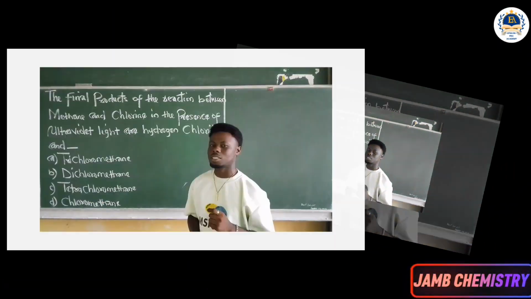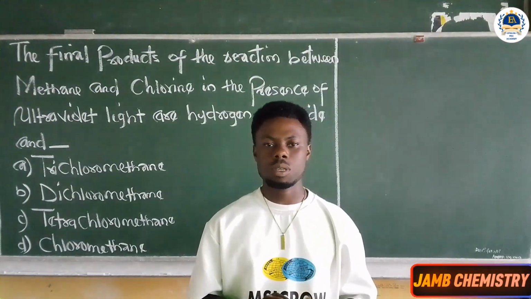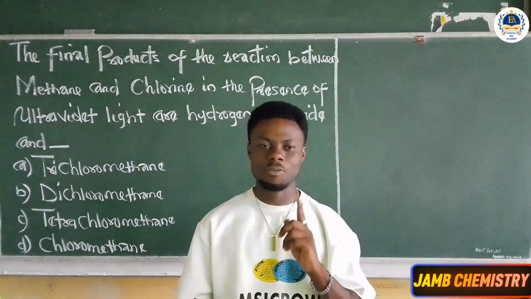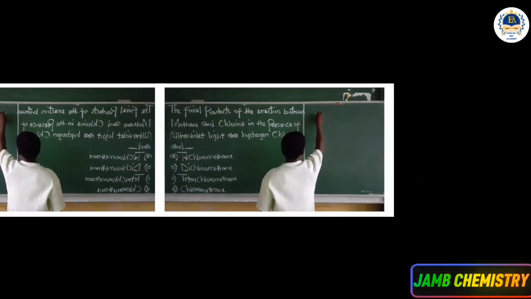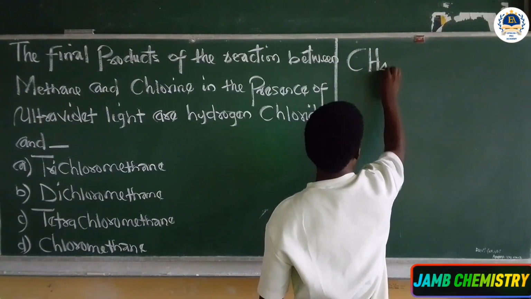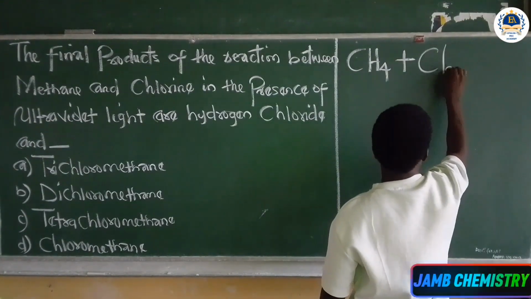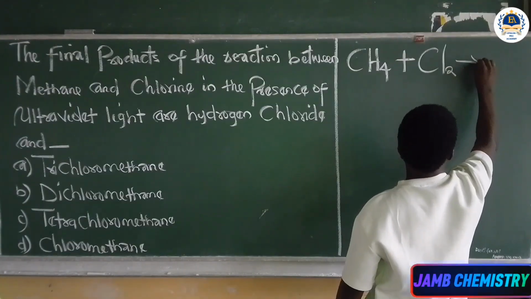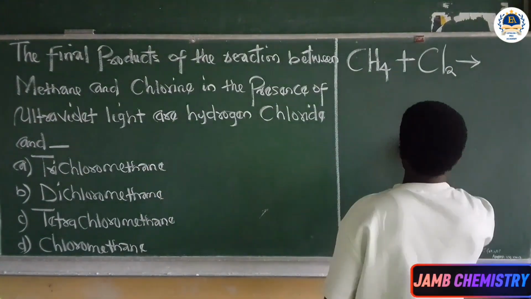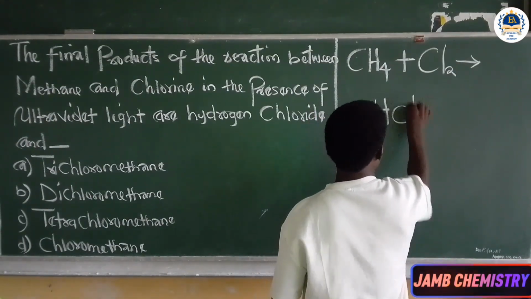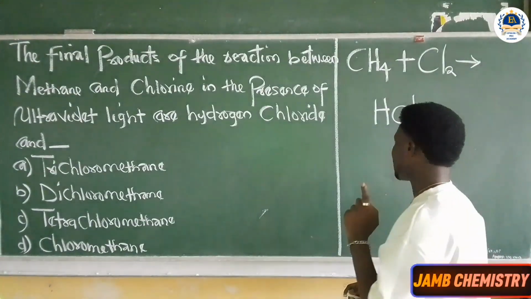When methane reacts with chlorine in the presence of ultraviolet light, a free radical substitution occurs, and at first only one hydrogen is replaced. We have methane, CH4, reacting with chlorine, Cl2, chlorine gas, to yield hydrogen chloride gas. At first, one hydrogen is replaced.